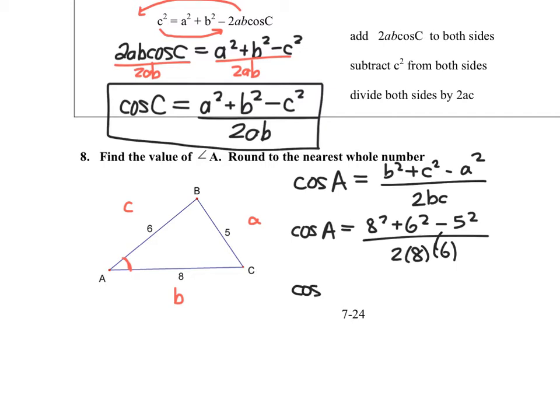Now I like to simplify that fraction, so I put 8 squared plus 6 squared minus 5 squared into my calculator, I get 75, and then I take that answer and divide it by, in brackets, 2 times 8 times 6, so that 75 is divided by everything. Of course you can do this in multiple steps, but I get 0.78125.